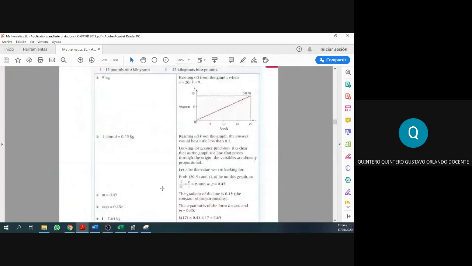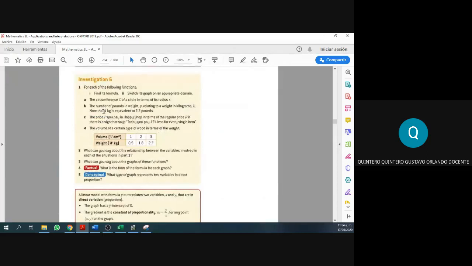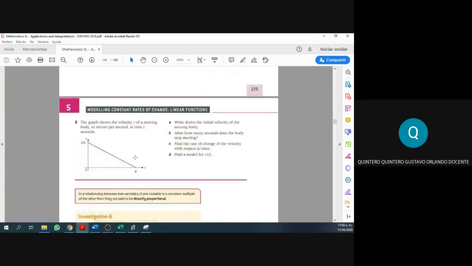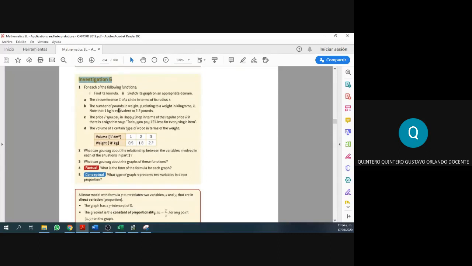If you have the book, you can go to page 226. That is the location of investigation 6. For these 3 functions, we have to do things.